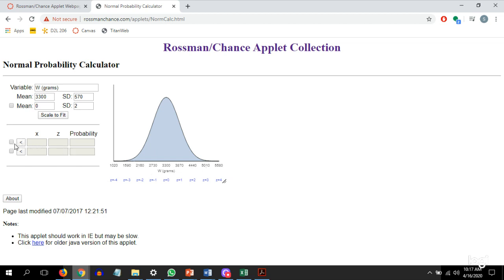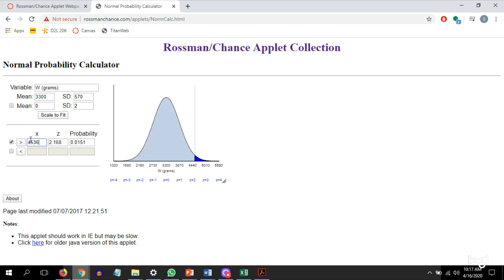Let's first check our probabilities for babies weighing more than 10 pounds. So I want a greater than 4536.